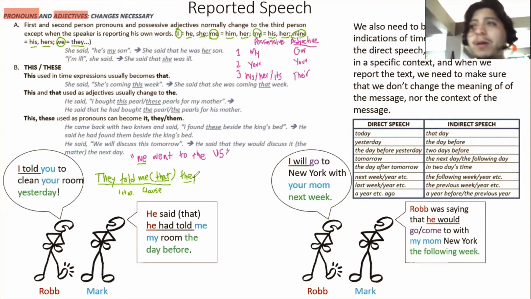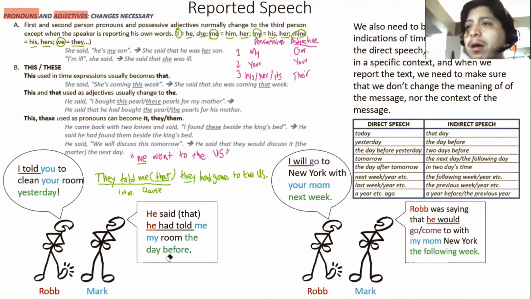So when I refer to them, I refer to them as they, in the third person of the plural. They told me that they went is in the past, so in the past perfect, had gone to the US. Okay, they told me they had gone to the US. That's pretty much what we are doing. So again, we changes to they.